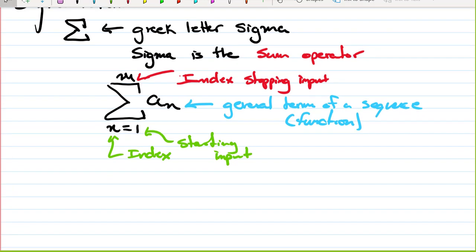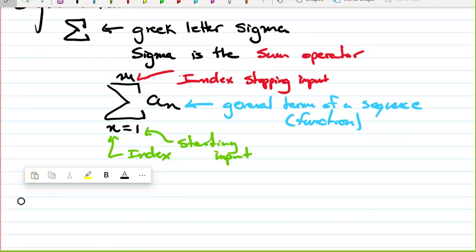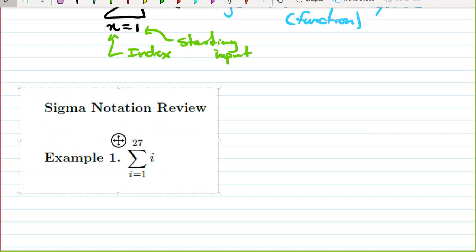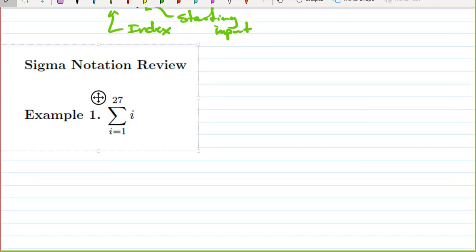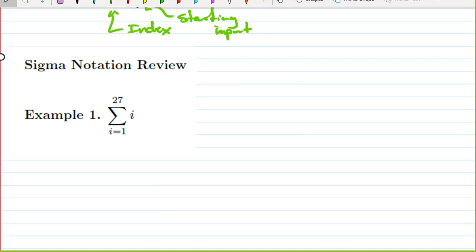So if we take a look at our example, we have our sigma notation. We're indexed on i, and it's the sum from i equals 1 to 27 of i.